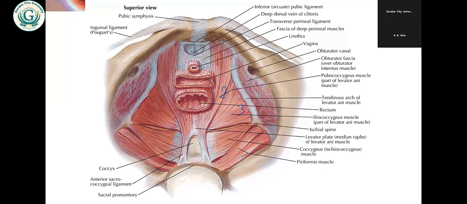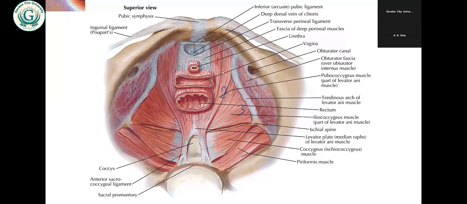Here, the levator ani muscle is made up of 3 parts. There is this one here that looks U-shaped, going around the rectum. This one is called the puborectalis. This one here is the pubococcygeus, and the 3 is the iliococcygeus.